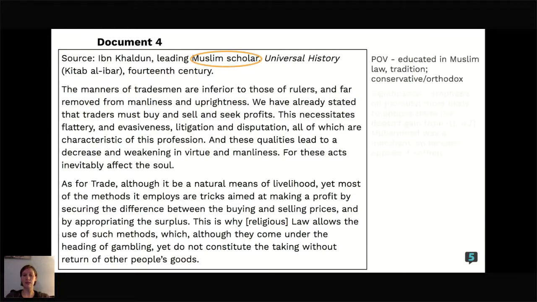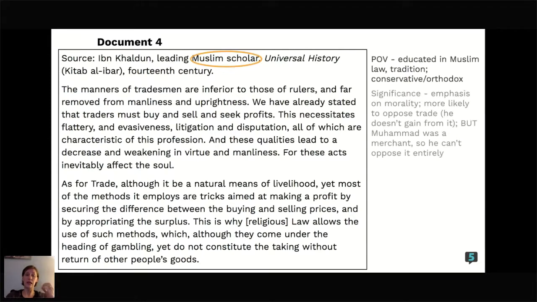The significance of that to the text is, he, as a conservative Orthodox scholar, is going to place an emphasis on morality. He's also more likely to oppose trade because he's someone who doesn't specifically gain from trade. He's not a merchant. He's not the one who's benefiting from these trade policies. But I also know from my study from Unit 1 and the introduction to Islam that I had from my class that Muhammad was a merchant.